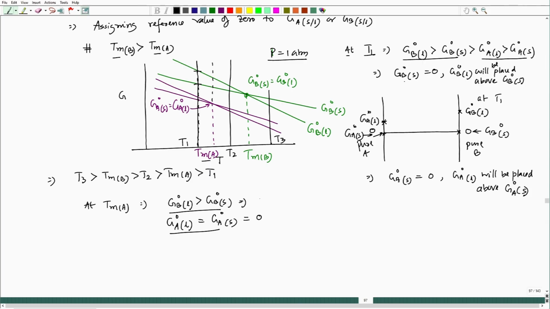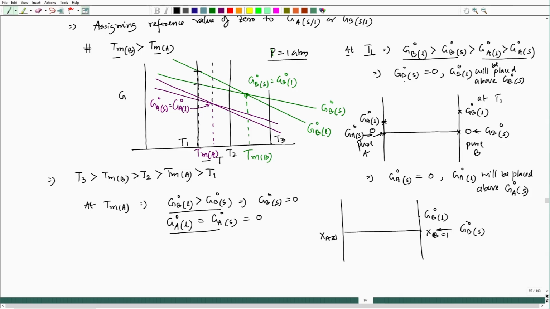Now, here I would have to assign GB naught solid to be 0, because with respect to B, GB naught solid has the lowest free energy. So, if I try to plot over this, XA equal to 1, there this would be GB naught solid, and here it would be GB naught liquid.